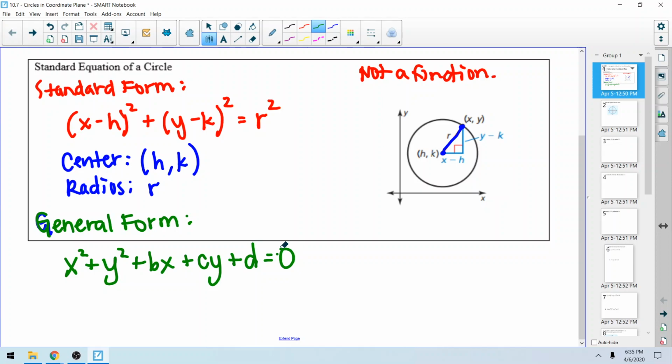Okay, now general form we are going to deal with, and once we get there, these are more of your level 4 questions. So on your test you're going to see that pop up as a level 4, and I'll show you how to deal with it. But if you're trying to actually graph the circle, this one's not so nice if you're graphing it by hand, because you can't look at it and go, oh, center and radius. It doesn't really tell you anything. You have to do something with it first, which is why we try to steer clear of general form, but that's what it is.